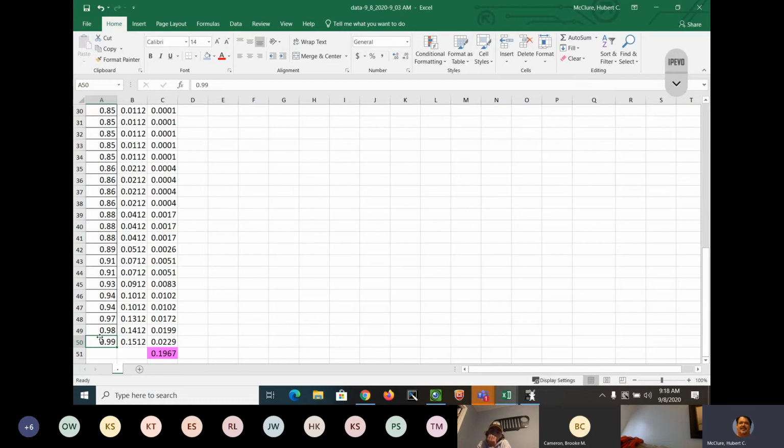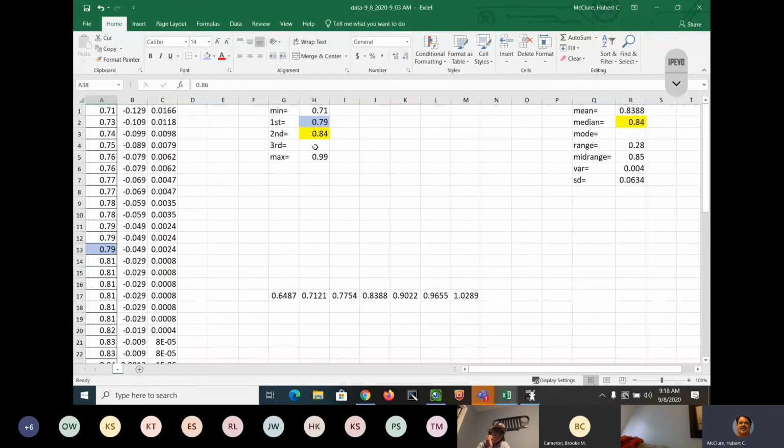1, 2, 3, 4, 5, 6, 7, 8, 9, 10, 11, 12. 0.86. So I need to write down 0.86 for the third quartile. I can't type anything in.